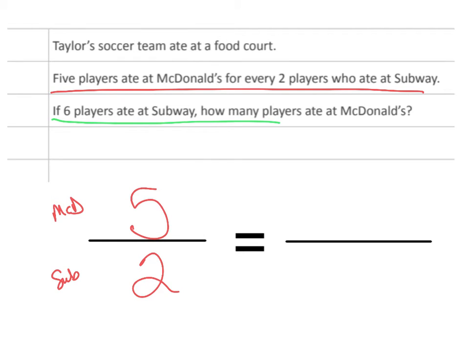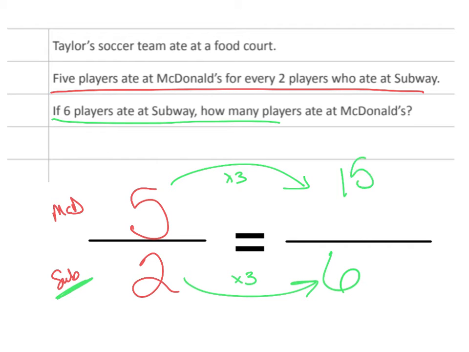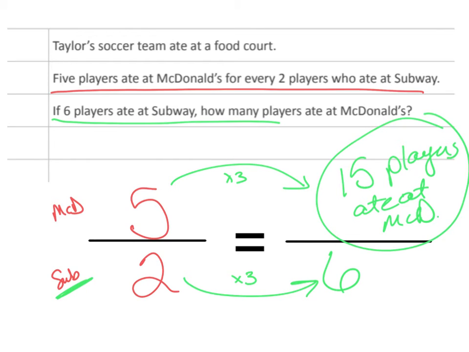If 6 players ate at Subway, and I'm going to put it on the bottom because this is where Subway goes, how many players ate at McDonald's? So what do we do to the 2 to get 6? We multiply it by 3. 5 times 3 gives us 15 players ate at McDonald's. There's our answer.